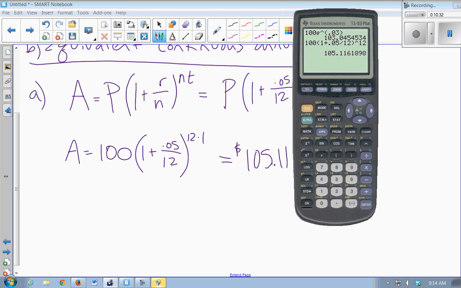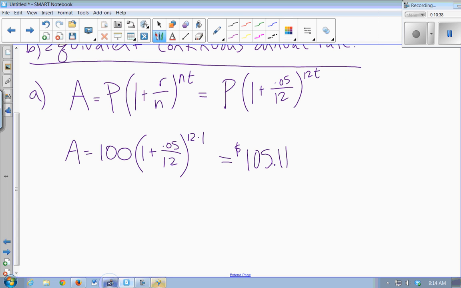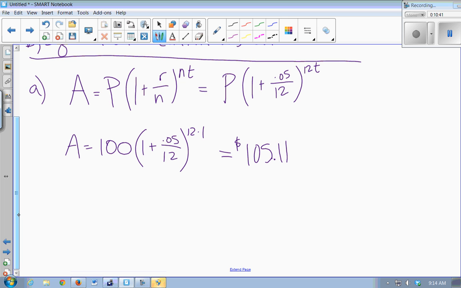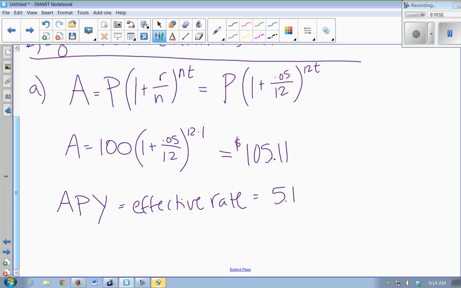Okay, so if I started with $100 and I finished with $105.11, what is my percent growth? 5.11%. So my APY, which is also called the effective rate, is actually 5.11%.